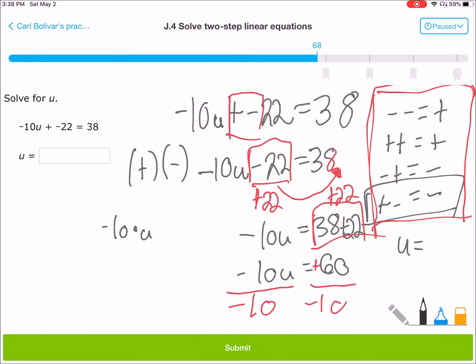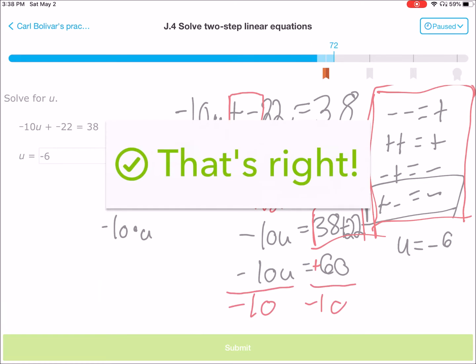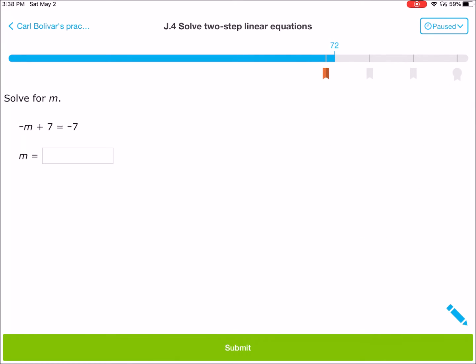So then it would be negative 60 over 10, or 6. Right? So then our answer is negative 6. Great.